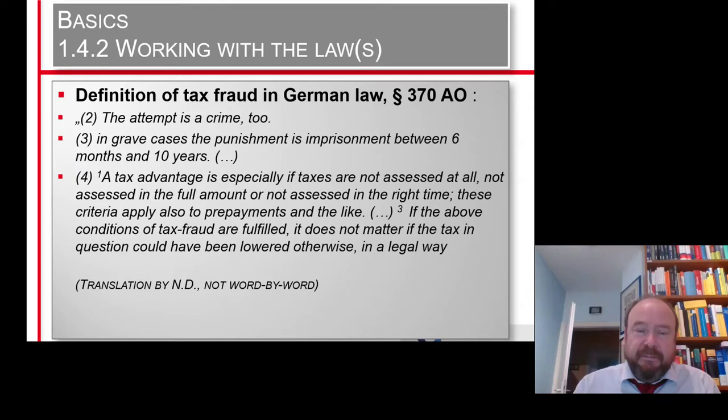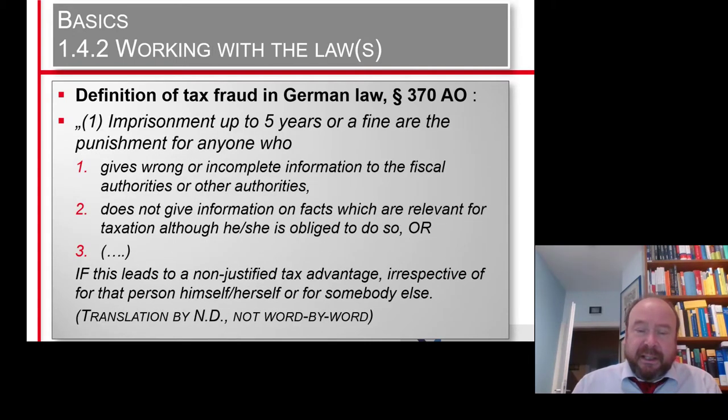So we have three conditions for tax fraud: hiding information or giving wrong information, achieving a tax advantage for that, and acting on purpose. Interesting enough is the last sentence here in the first subparagraph. If this leads to a non-justified tax advantage, it does not matter if that leads to a lower tax for you or for somebody else.